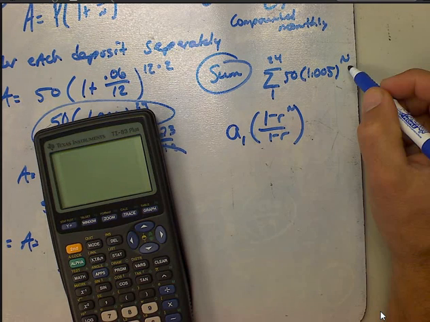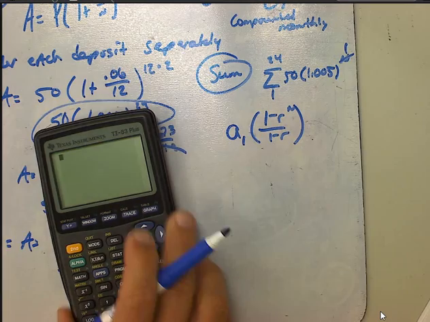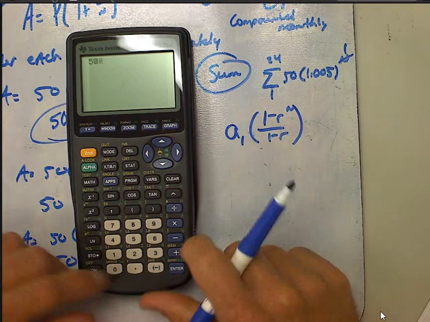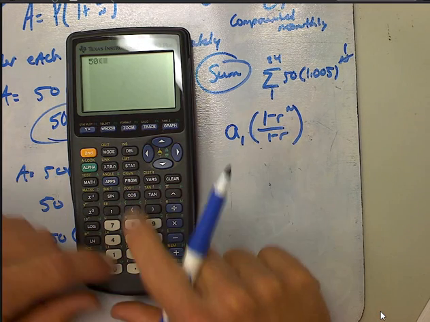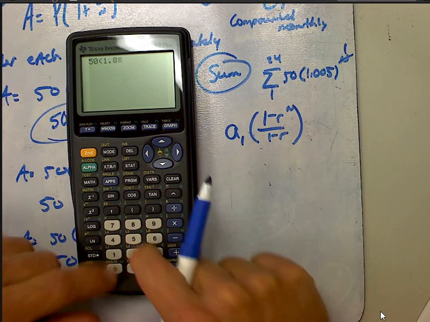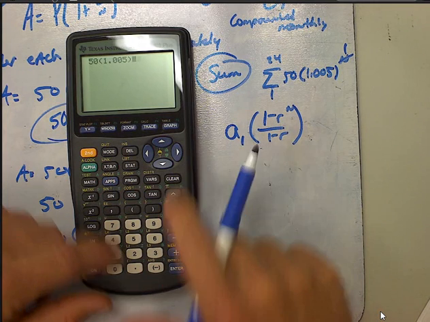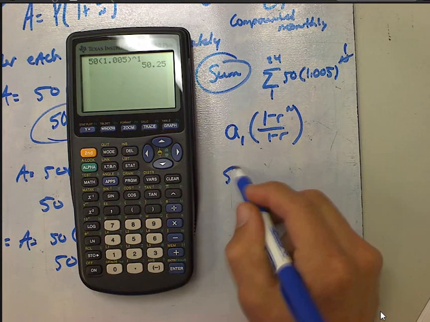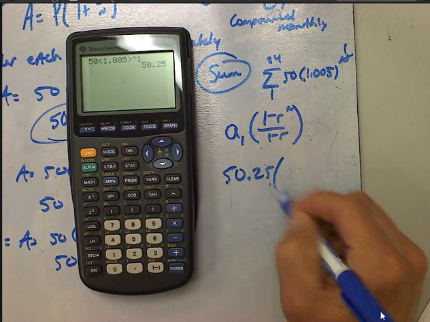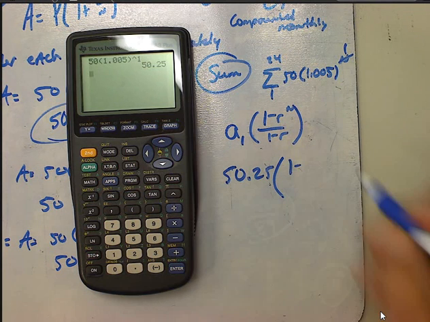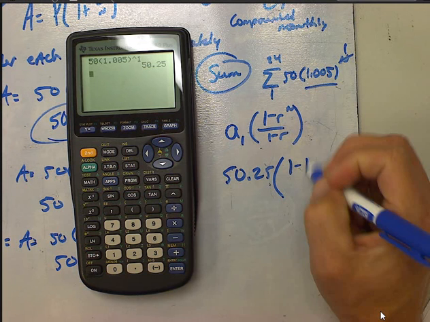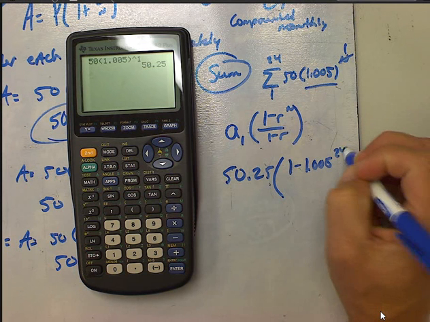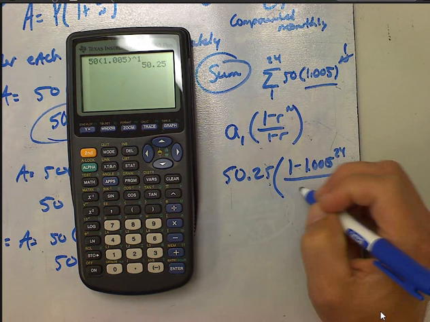So it's going to be 50 times 1.005 to the first power. And it's going to be $50 times 1 minus r, where r is 1.005 to the 24th, over 1 minus 1.005.